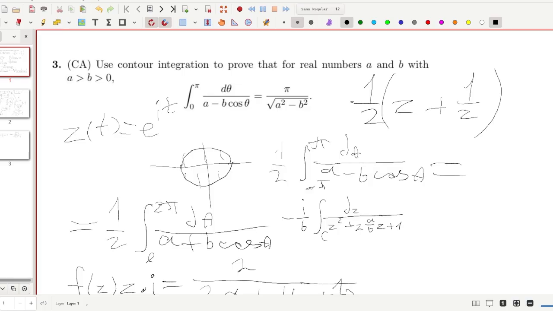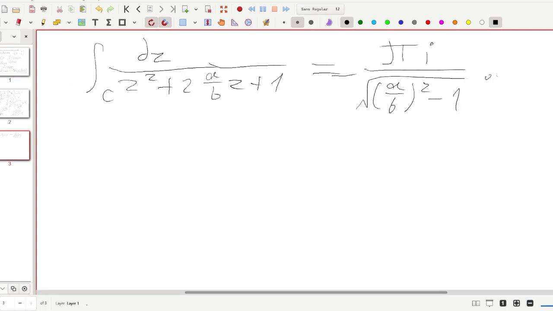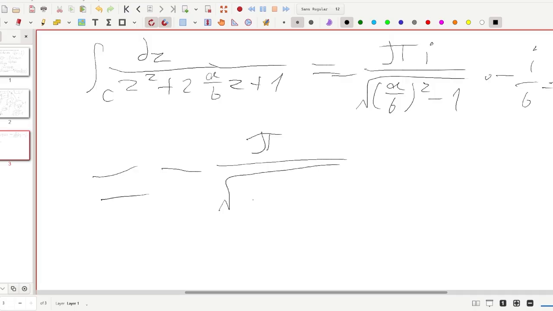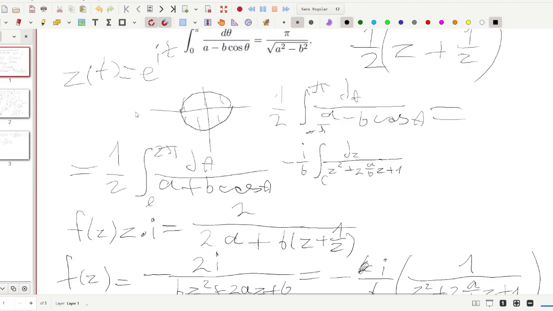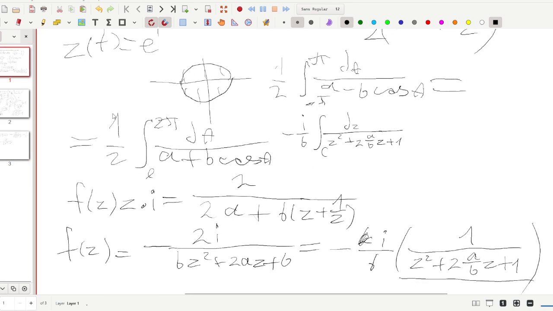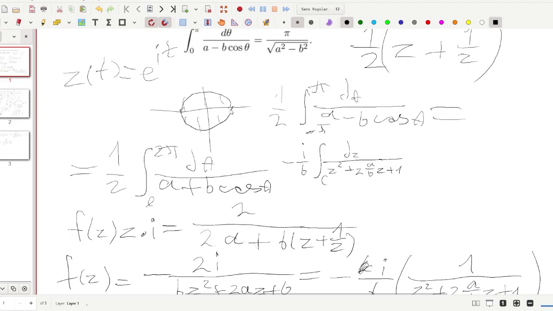And now what we have to do is multiply it by negative I over b, and that's going to be, when we multiply i's, the negative cancels out, and then we have another negative. We get a negative pi over root of a squared minus b squared. We're almost there. I made a mistake somewhere. I have acquired a sign that I shouldn't have acquired.